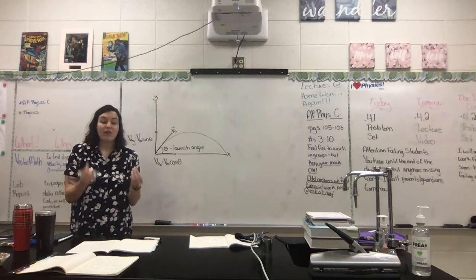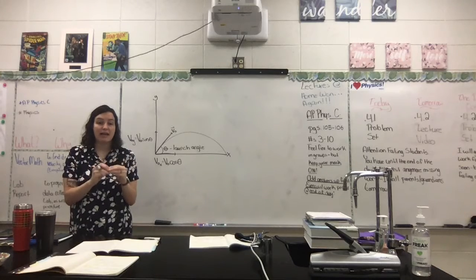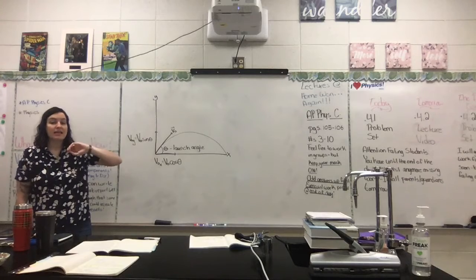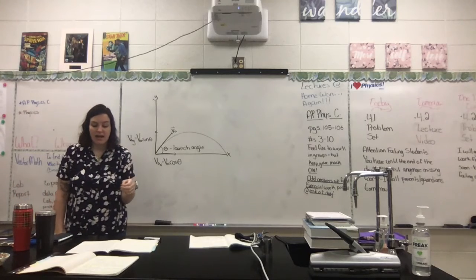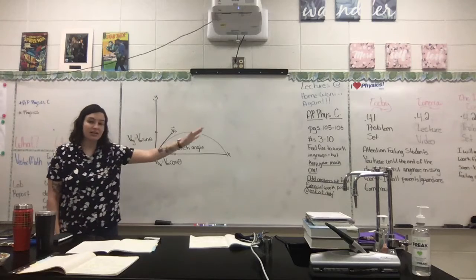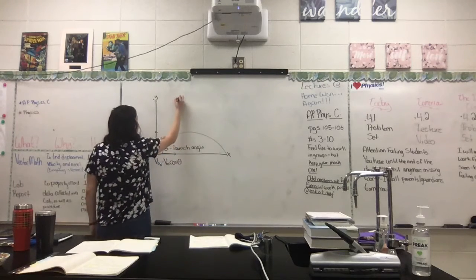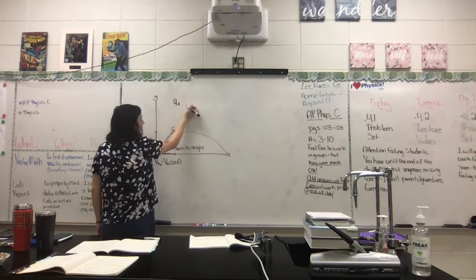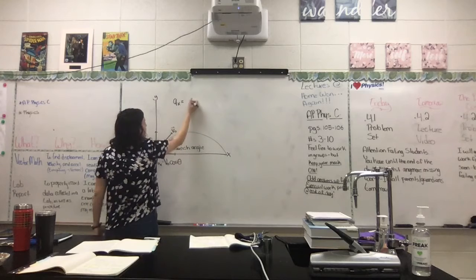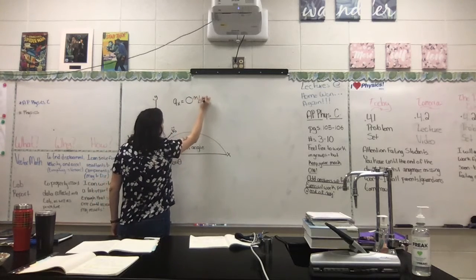Now, the other thing to think about is that I said the only thing acting on this object after we throw it is gravity. That means nothing else is acting on it, which means there are no forces acting on it in the x direction. So our acceleration in the x direction for trajectories or projectile motion is going to be equal to 0 meters per second squared.